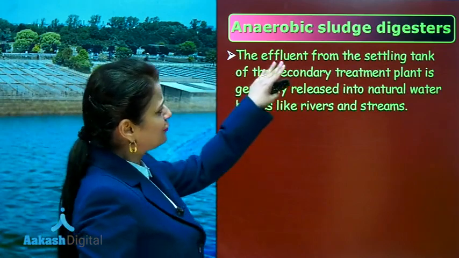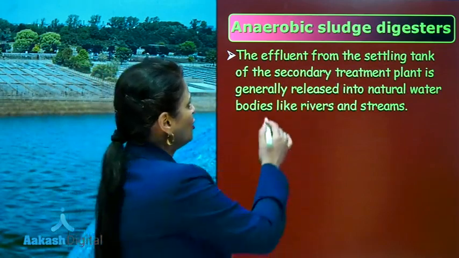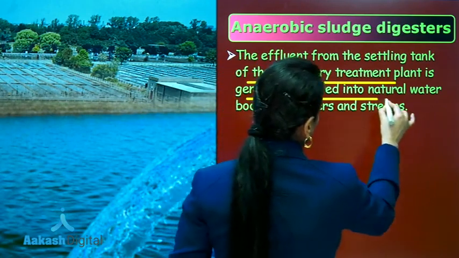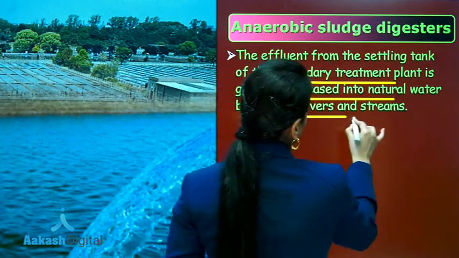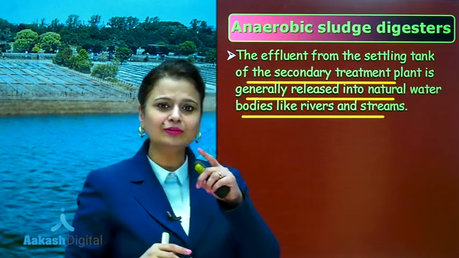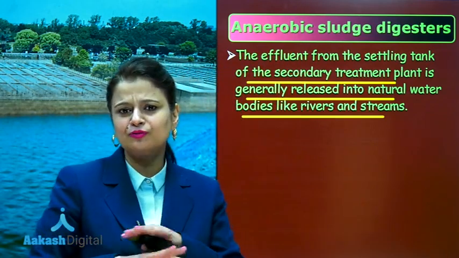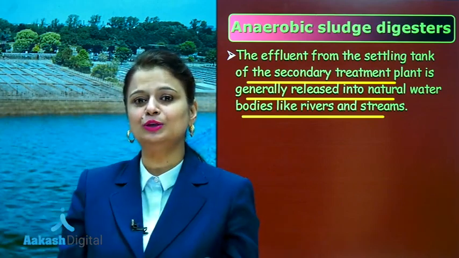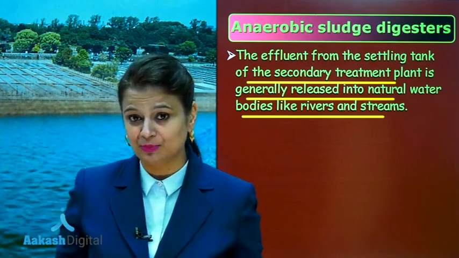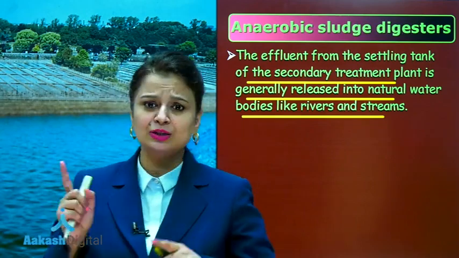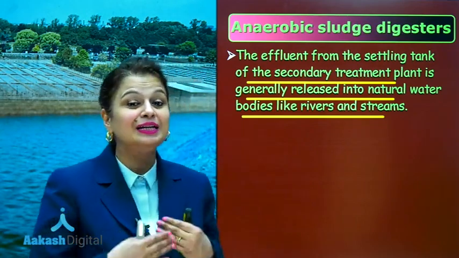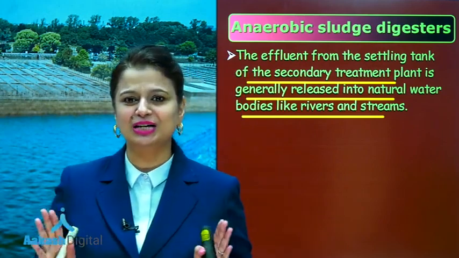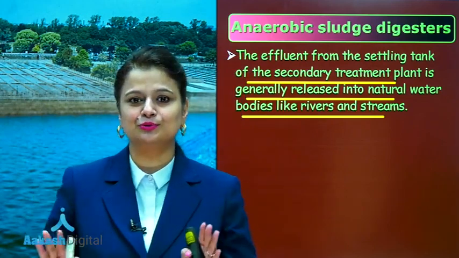Now, the effluent from the settling tank of the secondary treatment plant is generally released into natural water bodies. Now that secondary effluent is almost free of organic matter, and if it is not to be used for domestic purpose, drinking purpose, or cooking purpose, then it can be easily drained into rivers because its pollution potential has been reduced.